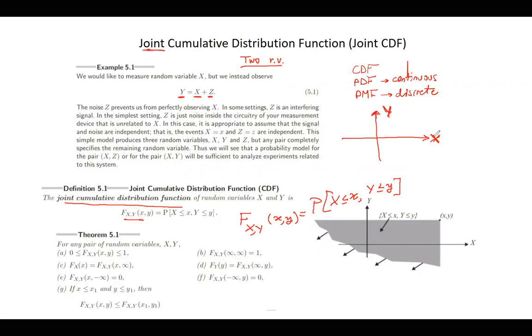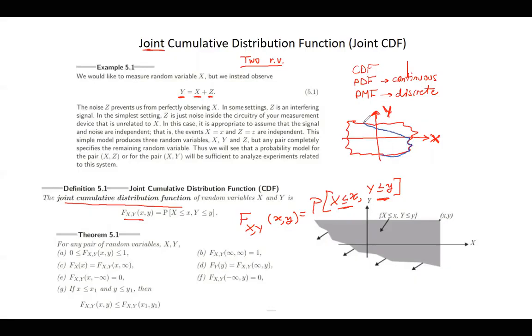So when X occurs, Y might occur too. So we can define a region here, that's defined for the values of X and Y. Now, the probability that X is less than x and Y is less than y could be a region here, for example.